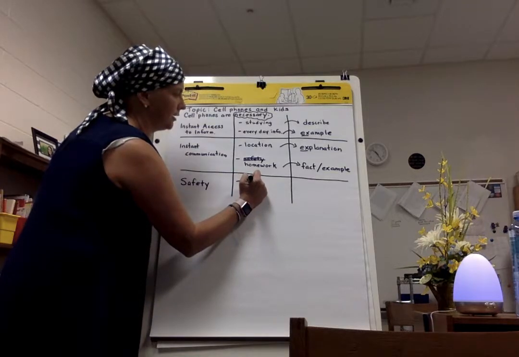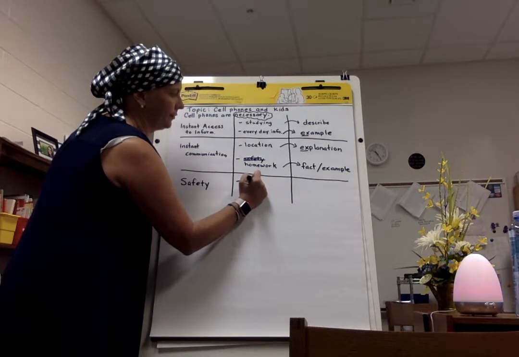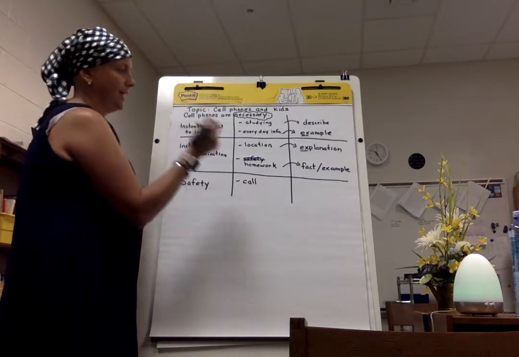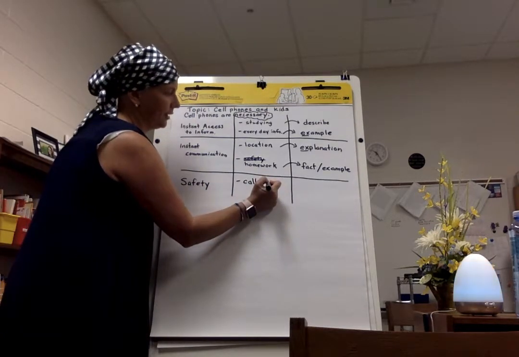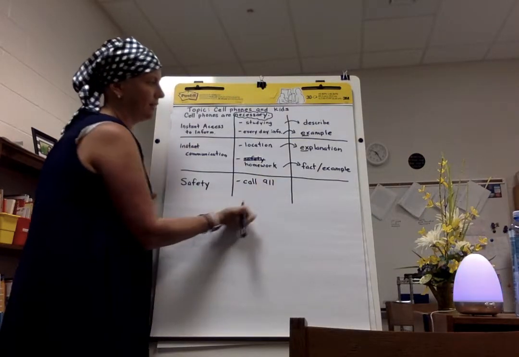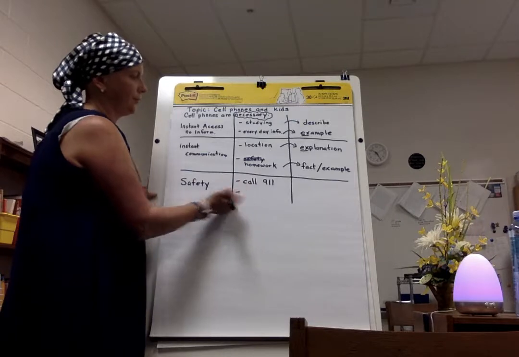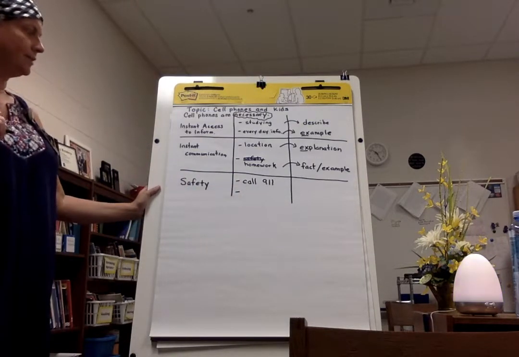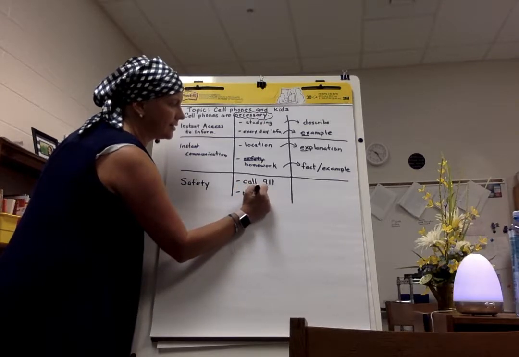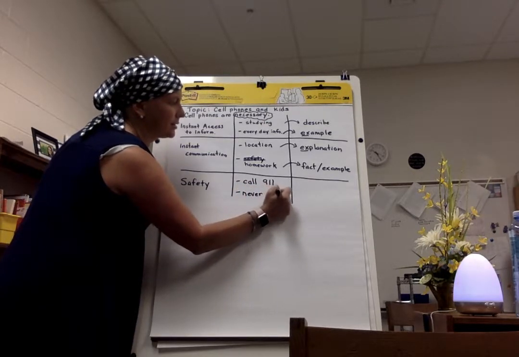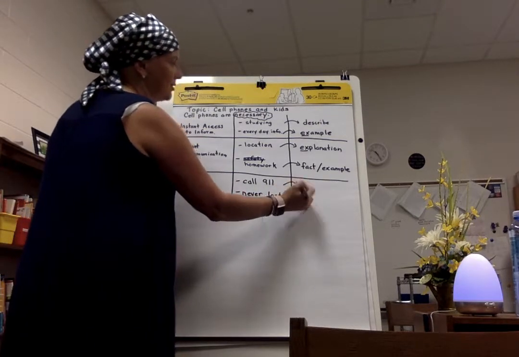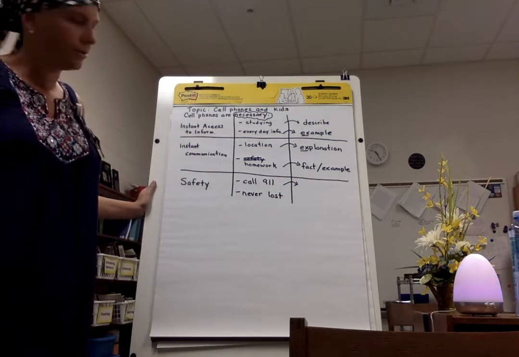So then safety, because we can call if we're going to be late. We also can call if there's an emergency. You have instant access to 911. It also provides safety because we are never really lost, whereas without phones, we could be lost. Calling 911 is already pretty specific, so explaining that is not going to be beneficial.